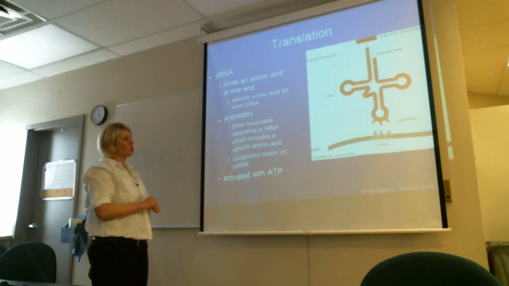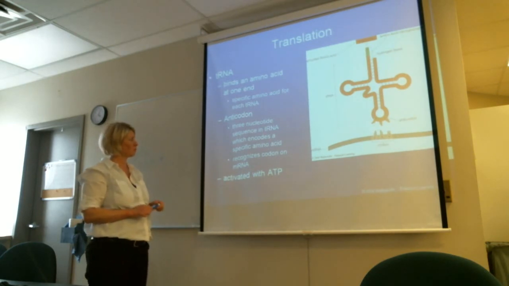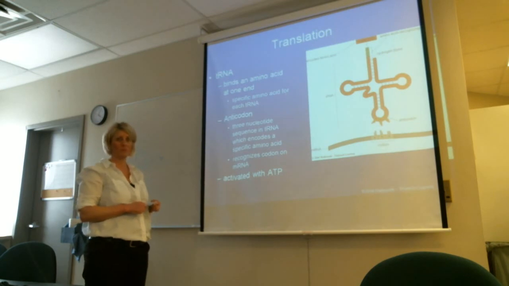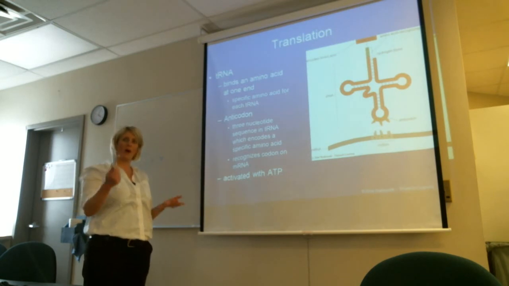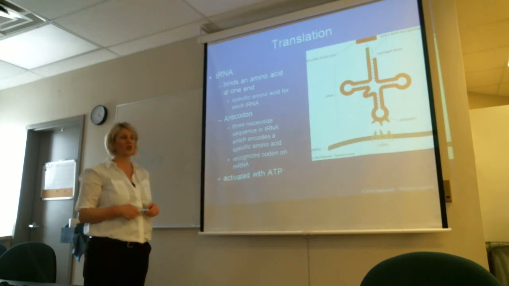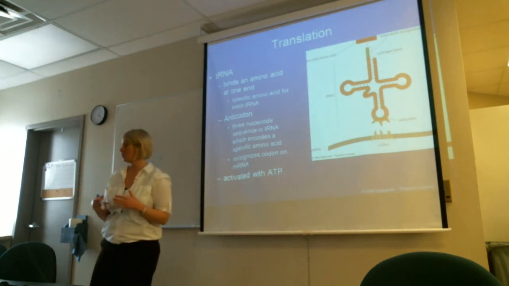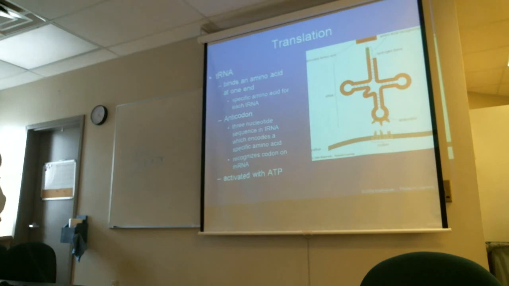The anticodon would be what? UAC, so it's complementary. So A always goes with U, G always goes with C. So throughout the test, once you kind of get that, that's easy. I'll give you a codon, you've got to give me the anticodon, and so forth.